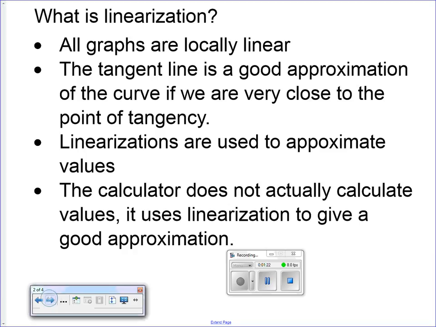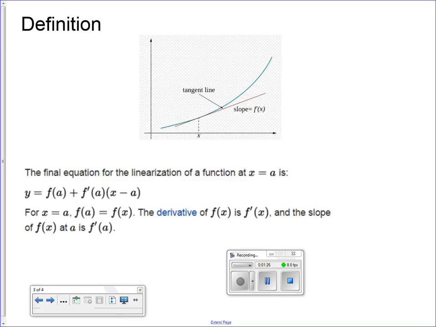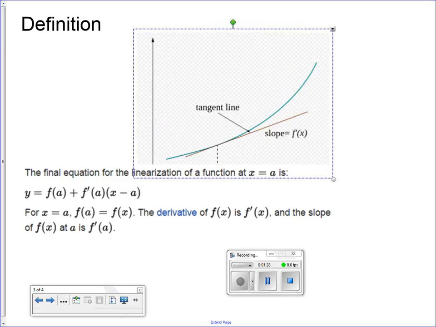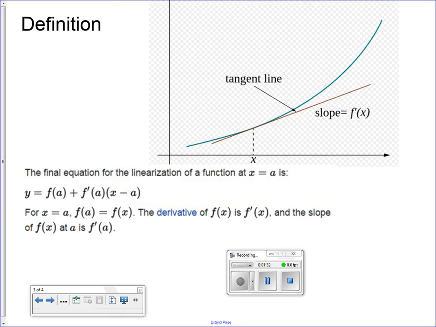So let's look at a formal definition. We have a picture here. What I hope you can see is that in blue we have the curve, and in red we have the tangent line. If you're zoomed in very, very close, the curve and the tangent line are practically the same.